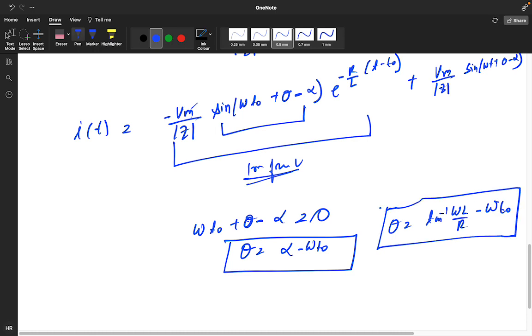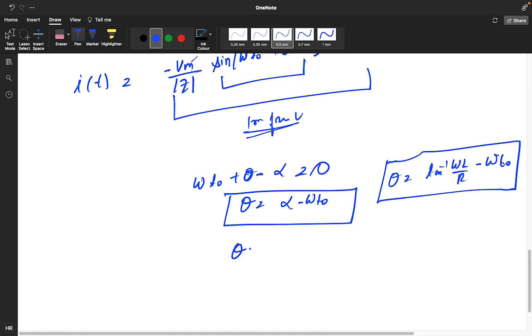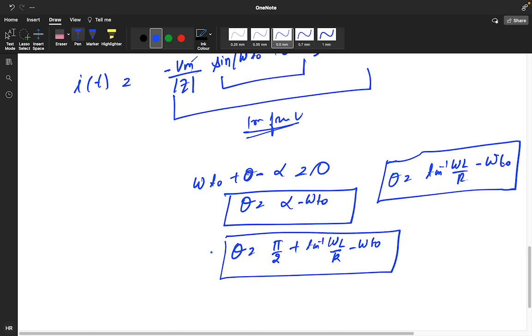And if it was the function for cos, then the value of theta will be pi by 2 plus tan inverse omega L by R minus omega t naught for cos function. This is for sine function.